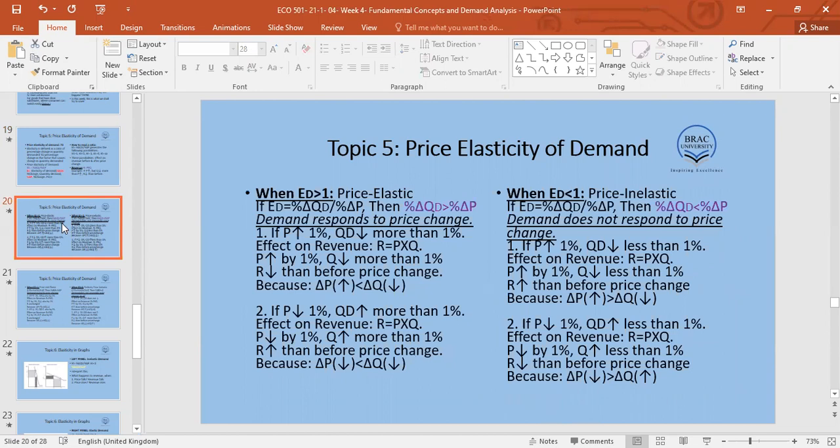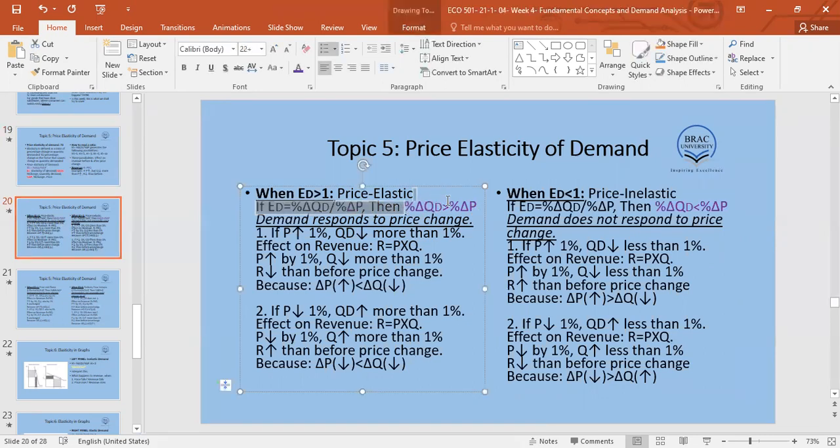What do we mean by elasticity of demand is greater than 1? The ratio is greater than 1. The demand is price responsive. The demand responds to price. So if this ratio is greater than 1, that means the response in demand, the percentage change in quantity demanded, is greater than the percentage change in price.